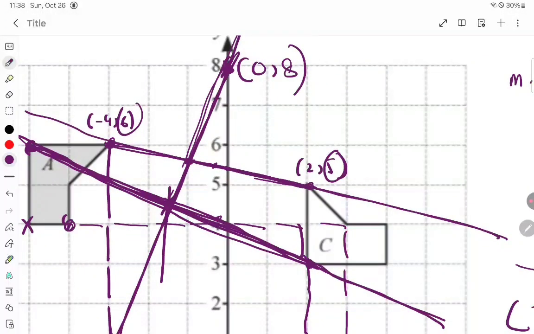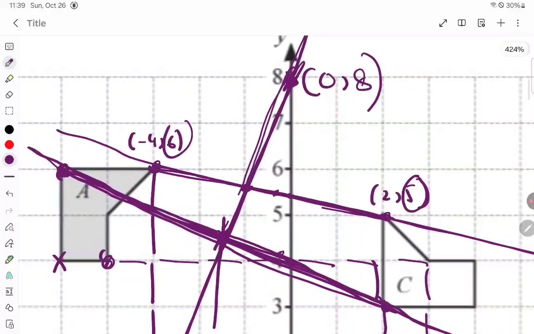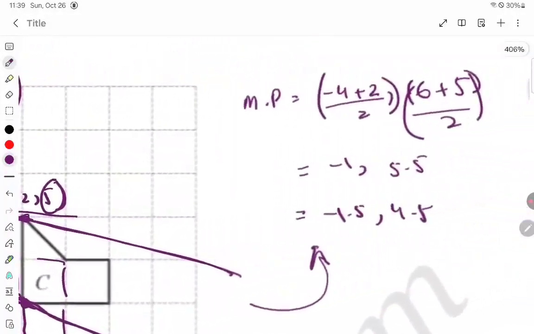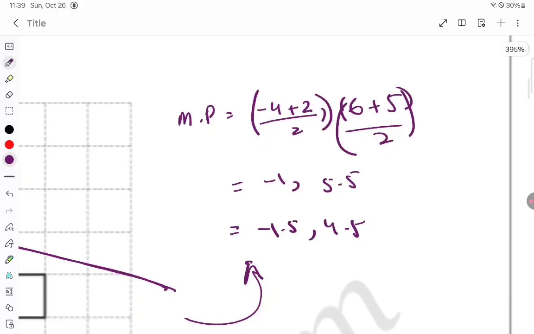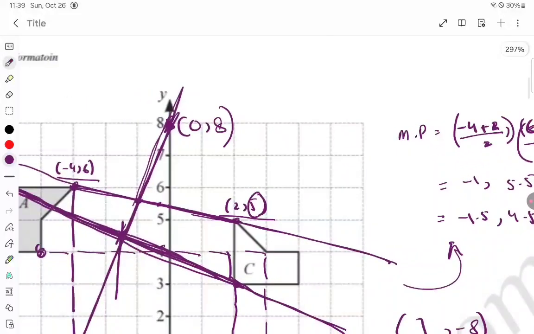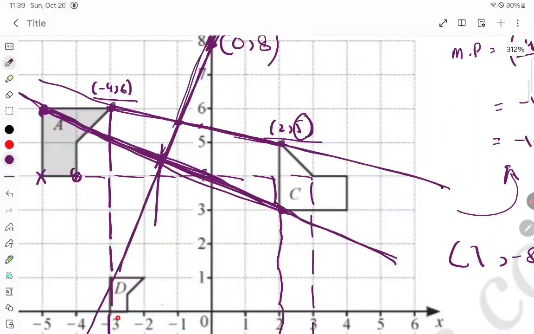Or you can simply do it like this: this is point 1 and this is point 1, this is point 2, both the same points. Simply calculate the middle point. For that, x1 plus x2 over 2, y1 plus y2 over 2, we calculate the midpoint, negative 1.5, comma 4.5.